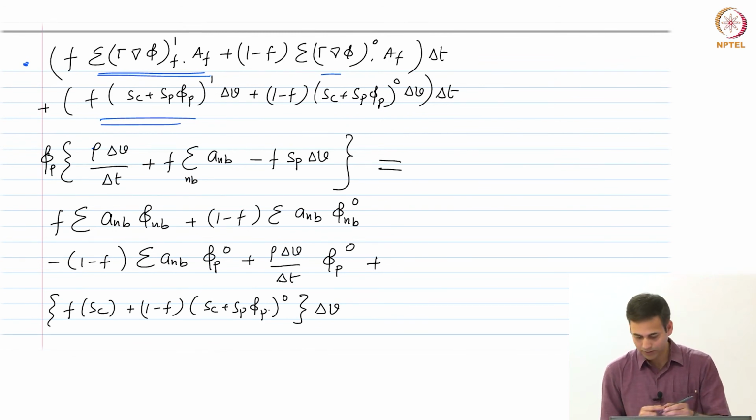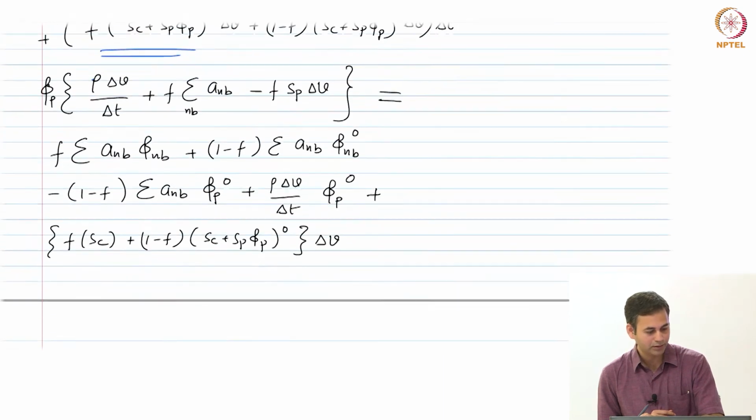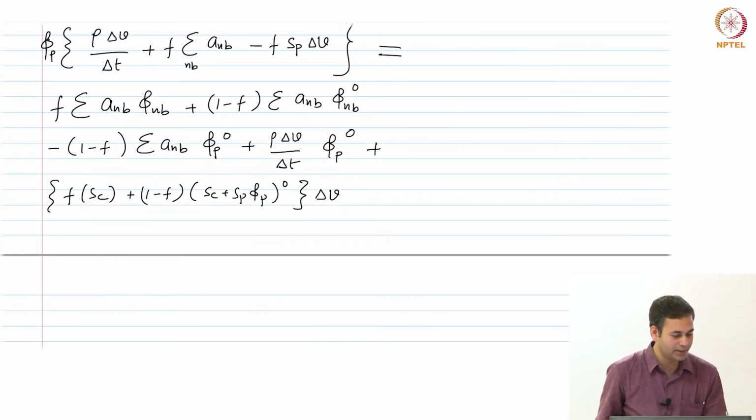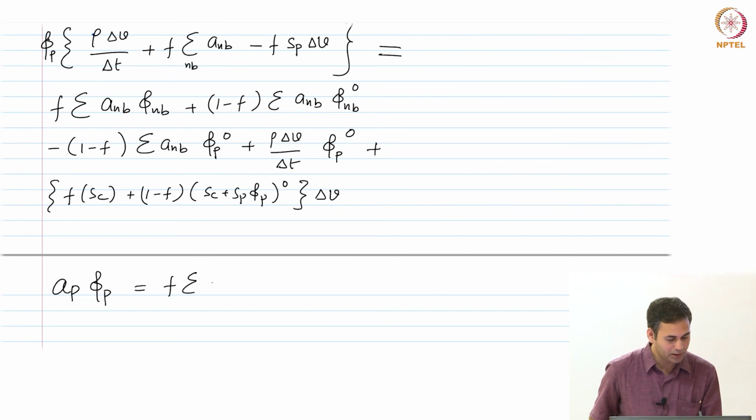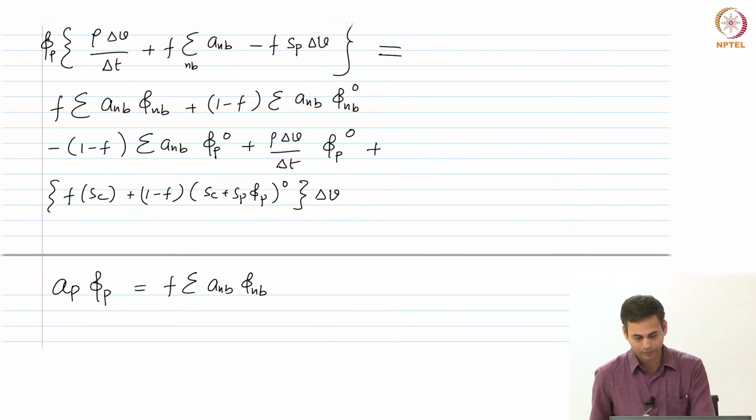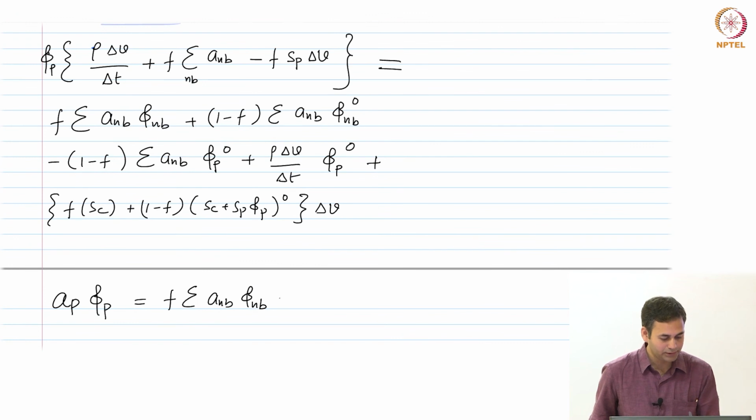Okay, that is good. I would like to rewrite it a little bit so that we recognize it as our old form, that is AP phi P, where AP is everything that is in the curly braces, equals F times sigma A NB phi NB, that is what we have, plus we have a lot of terms here.